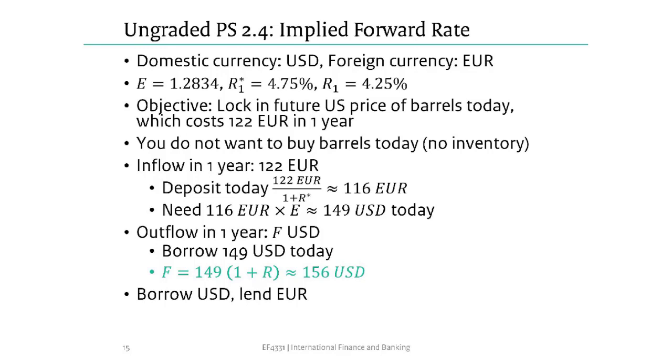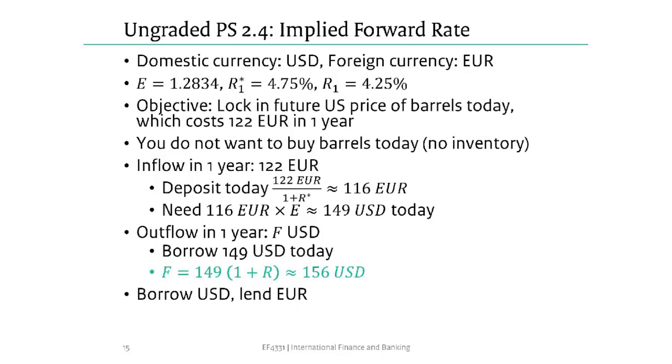We take that 149, convert it at the spot exchange rate, and get 116 euros. Then we deposit that 116 euros in a foreign bank and let it grow by 1 plus R star. At the end of the 1 year, we will have enough euros to pay off our barrels, per barrel. And we have a known fixed quantity that we know today: 156 USD.